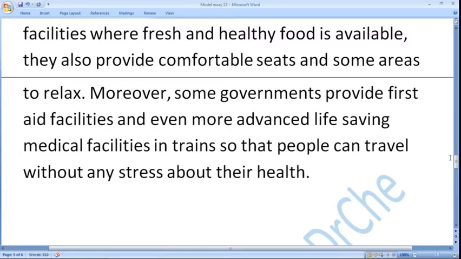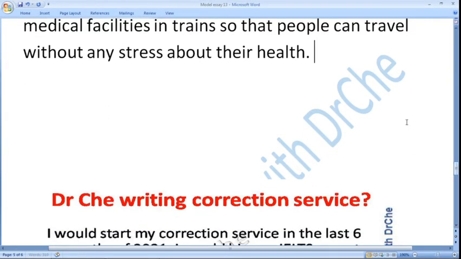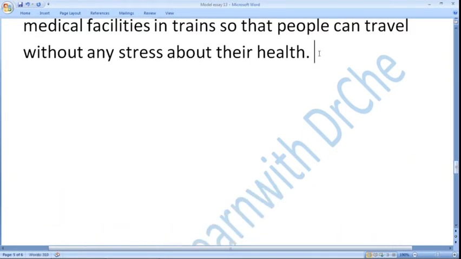You can add when there is a long distance, we need some medical facilities also, so you can add something.